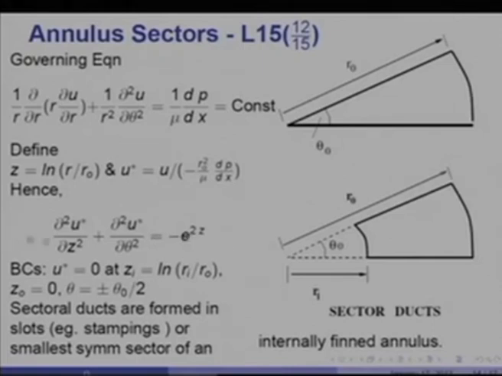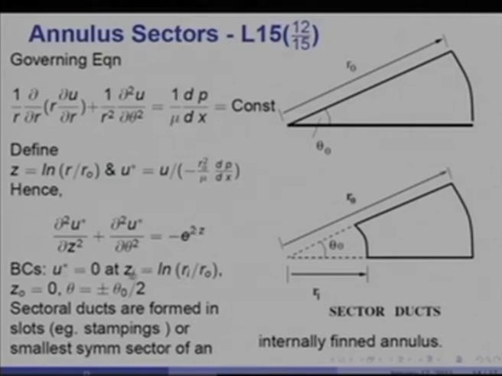Again, we get a Poisson equation, but unlike the case of a rectangular duct, the right hand side is now a function of z, or of the radius r. Z is ln(r/r_o), and therefore the right hand side is a function only of the radius.